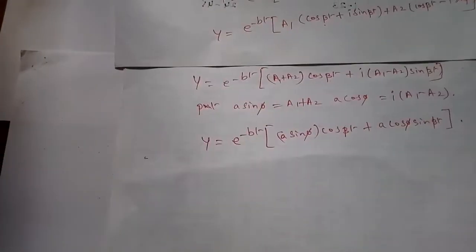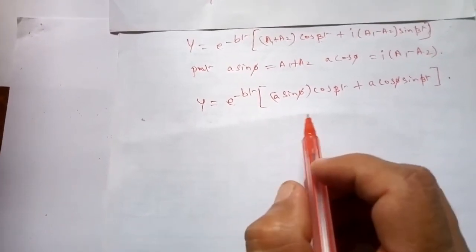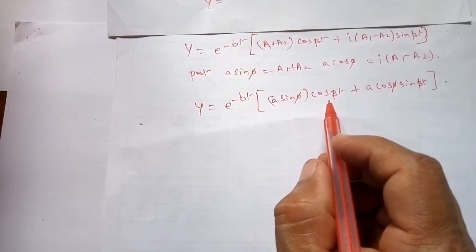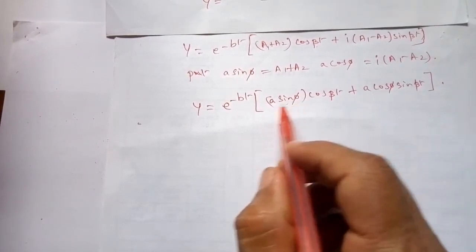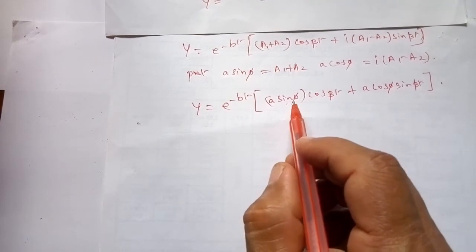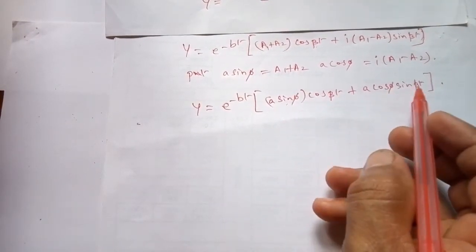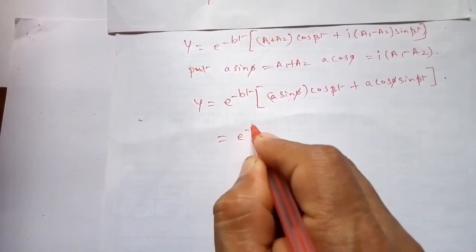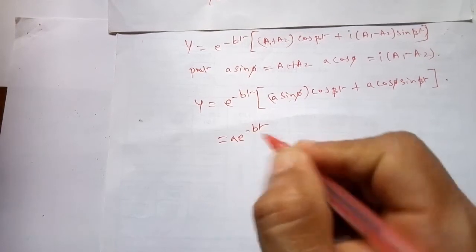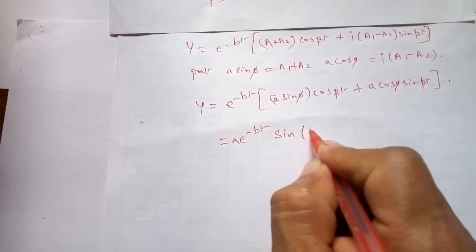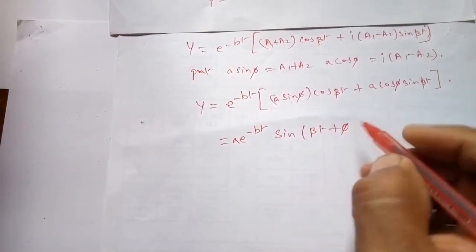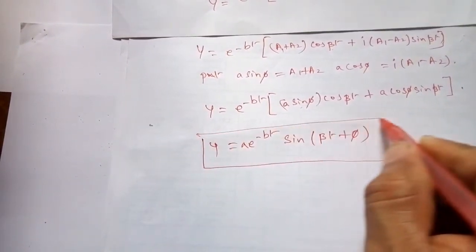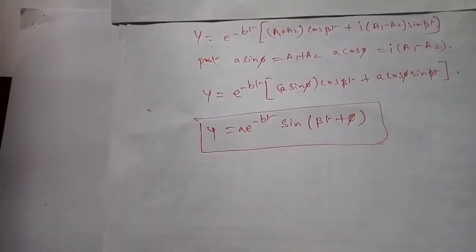So a is a common term, you can take it outside: sin phi cos beta t plus cos phi sin beta t can be written as e to the power minus bt a sine of beta t plus phi. So this is exactly the desired equation.